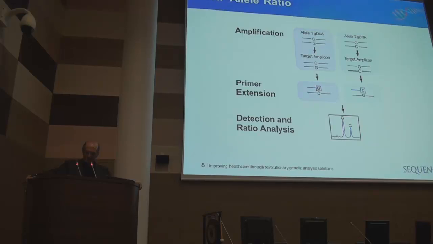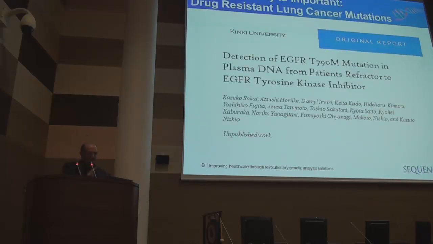Okay? So I'm going to show you two examples. Here's the first one. It's a very complicated title, lots of technical terms. These are lung cancer patients. And we've learned a great deal about lung cancer in the last 5 years. So we have some brand new drugs which are remarkably effective for people with lung cancer if they happen to have tumors with certain abnormal DNA sequences.